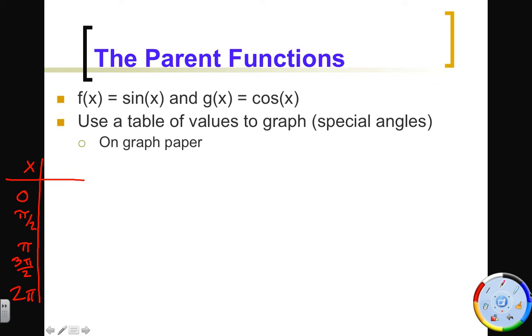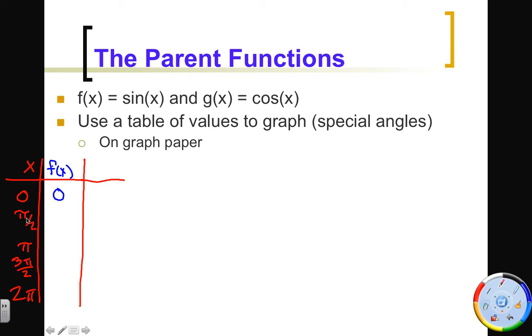Let's have blue be sine of x, so we're going to let that be f of x. We're also going to create a table for cosine as well, but let's take care of sine first. If you look at your unit circle, or if you've started memorizing some things, if x is 0, sine of 0 is 0.